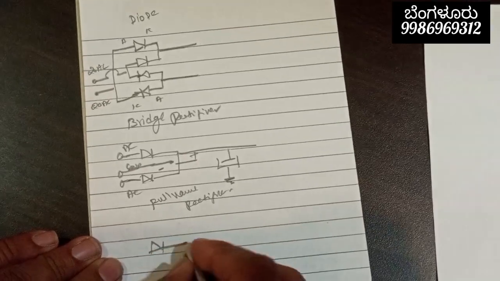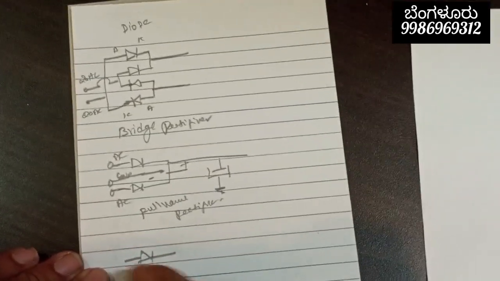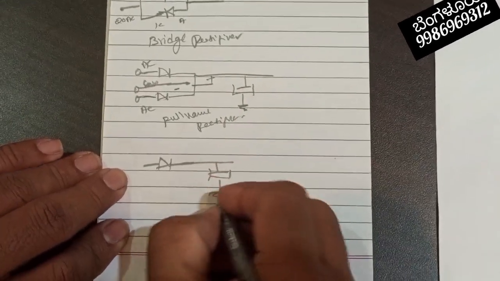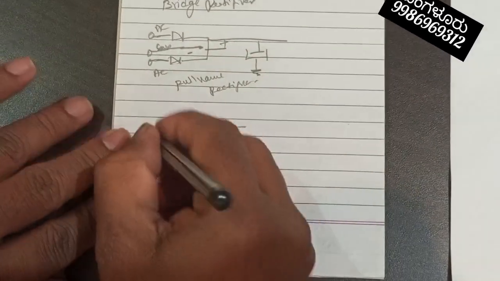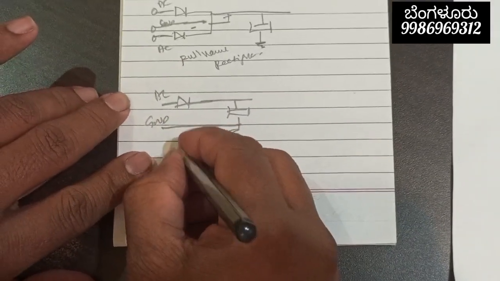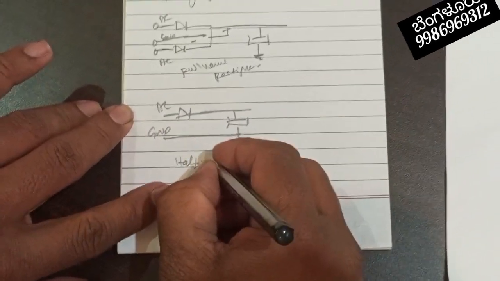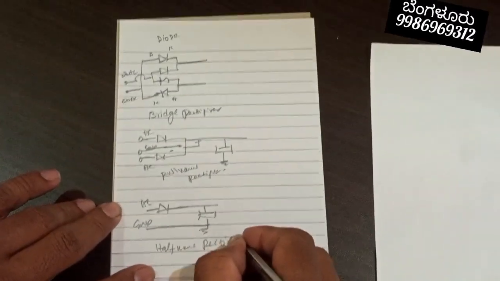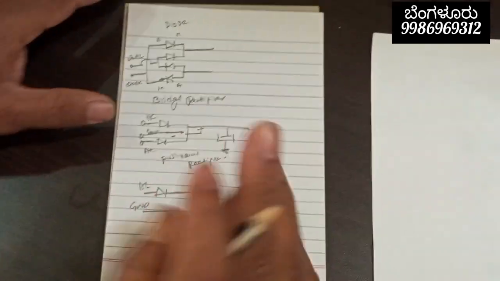And if you use a single diode, this is called AC, ground, half wave rectifier.